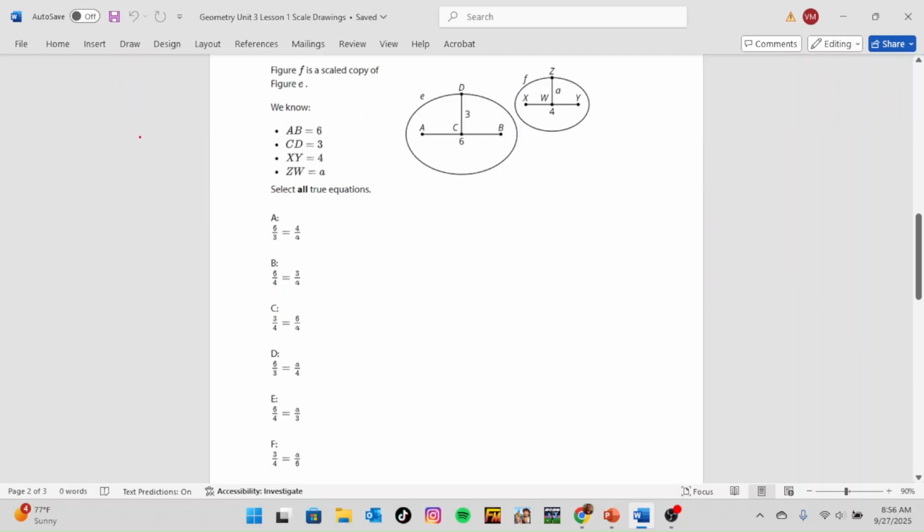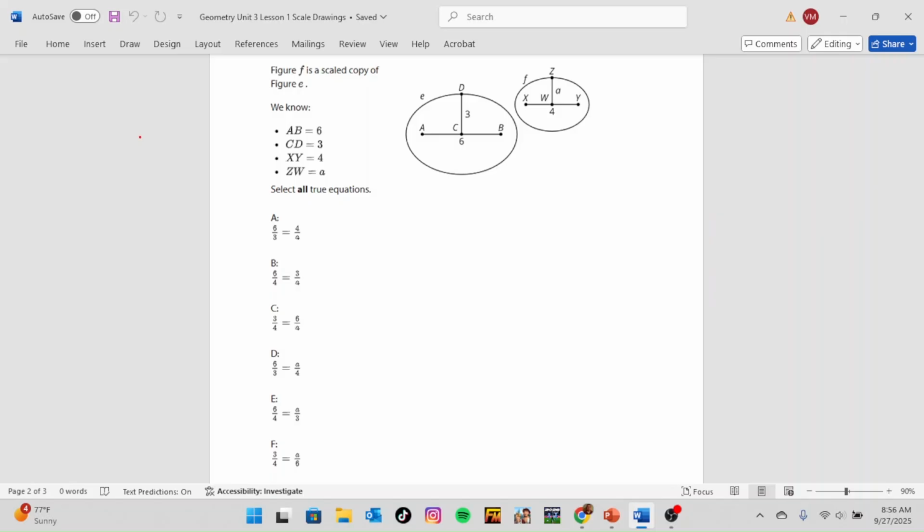Practice problem number 2 is a really good problem, I believe, to help you understand when you are correct in setting up your comparisons to find your scale.